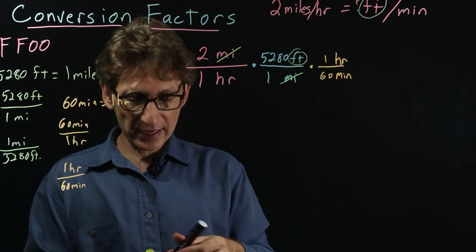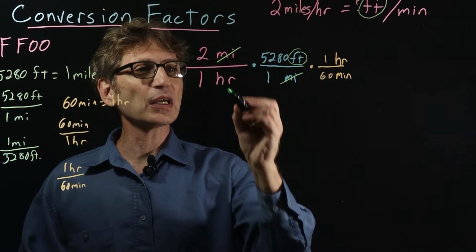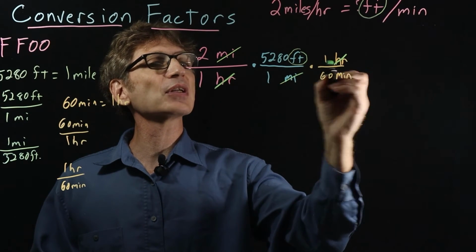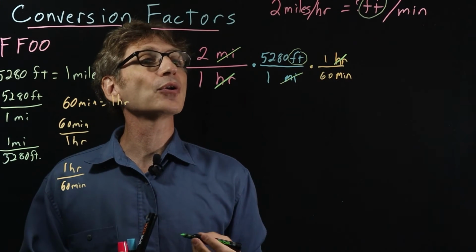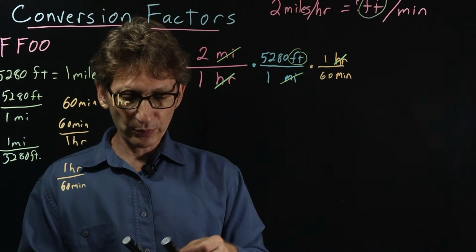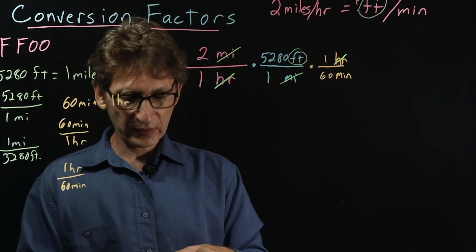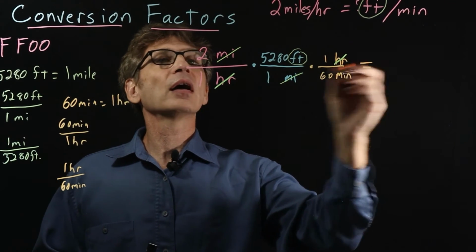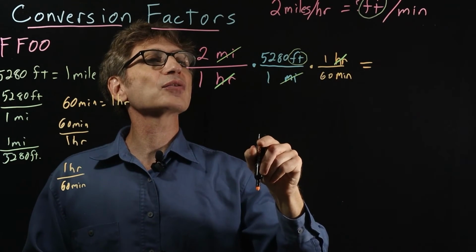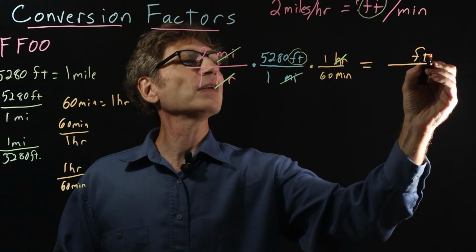So let's look at what units cancel out. I see I've got hours here and hours here, denominator, numerator. Those go away. So what we're left with is simply a multiplication situation where I multiply straight across. So 2 times 5,280 times feet. So I know I have feet here.